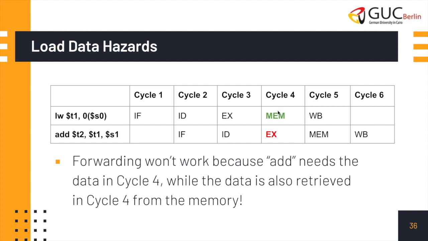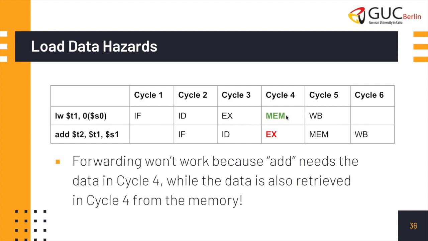The problem occurs at clock cycle 4. The load word will be in the memory stage, while the add instruction will be in the execute stage. Now what will happen? In the memory stage, I'm going to retrieve the value from the data memory. At the same time, the addition instruction is performing an execution. Guess what? It is executing on wrong data, because I cannot forward from one stage to another in the same clock cycle.